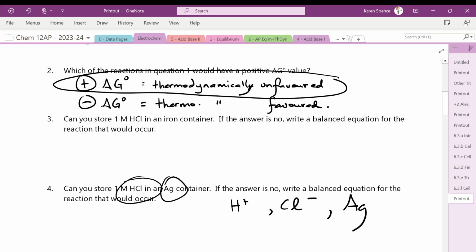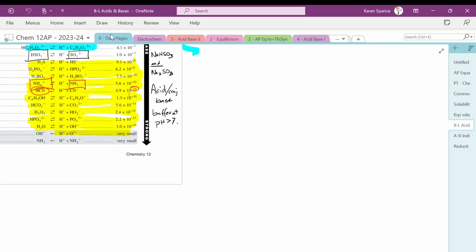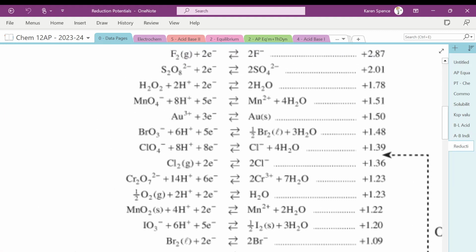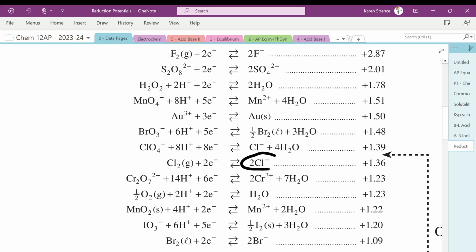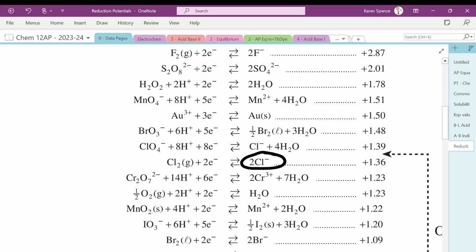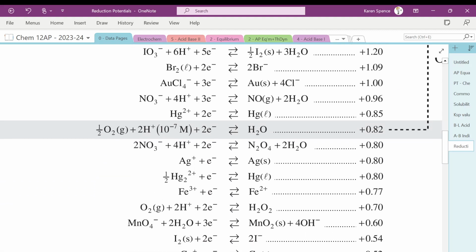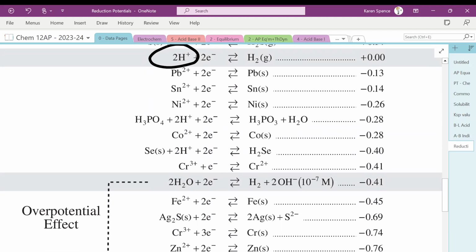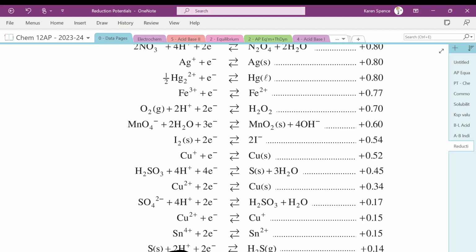So we are going to go to our data pages, and we are going to look up Cl-, which is here. We're going to look up H+, which is here. And we're going to look up silver, which is up here somewhere.